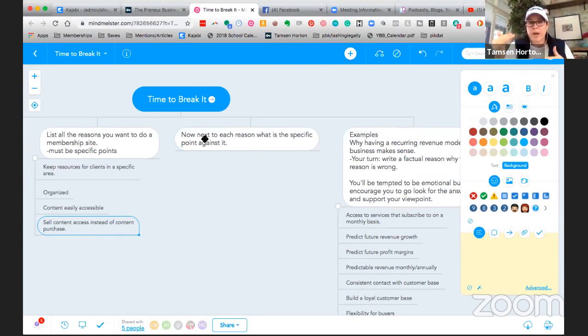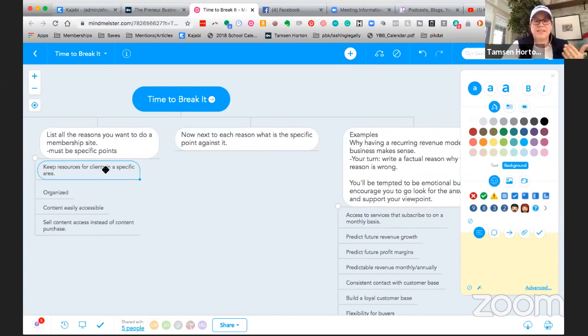And now you're going to write what is the specific counter argument or the specific point against it. So if I said, I want to keep resources for clients in a specific area in an easy way to access it, well, the opposite is disorganization. So for that one, you're like, okay, but there really is no counter argument. That's okay. That's absolutely okay.